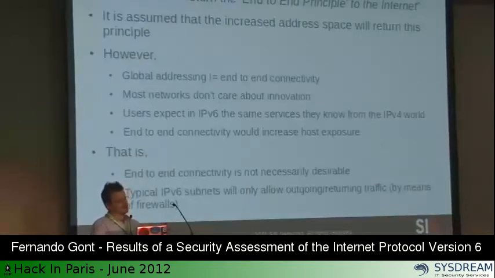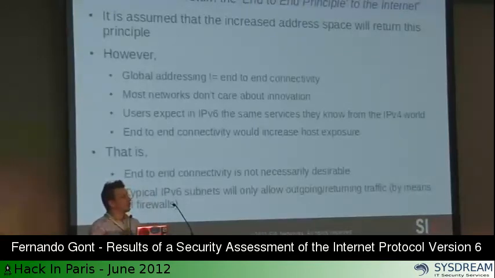What I think about this topic is that end-to-end connectivity is not necessarily something that you decide for every network, and that in practice, IPv6 won't return this end-to-end connectivity. As a data point, Comcast is probably one of the ISPs most known for pushing IPv6 deployment.